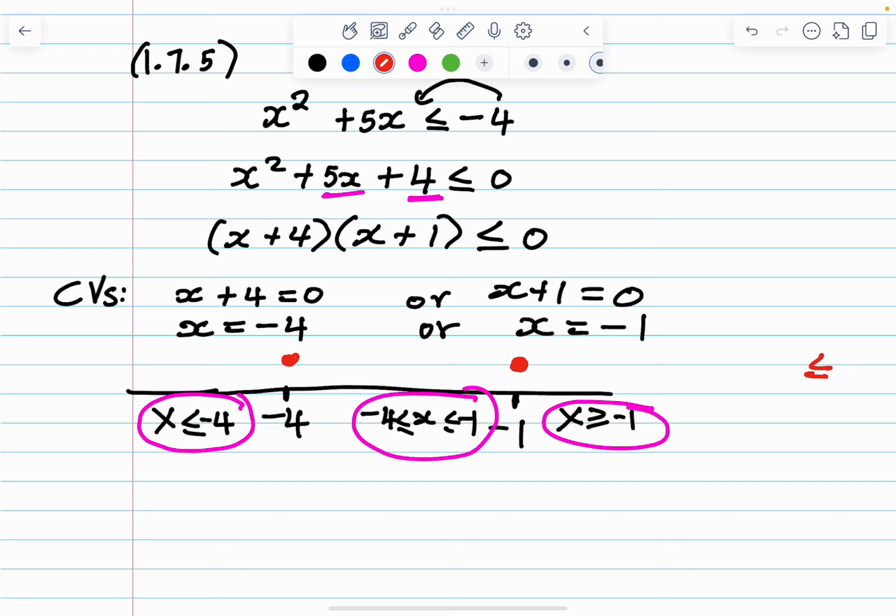Now let's see. I'm going to start by testing each region. Region 1, which is this one. I'm going to pick any number that is less than minus 4. Let's pick minus 5. When you test, you always put it in the factorized form. That is the best form to put it at.